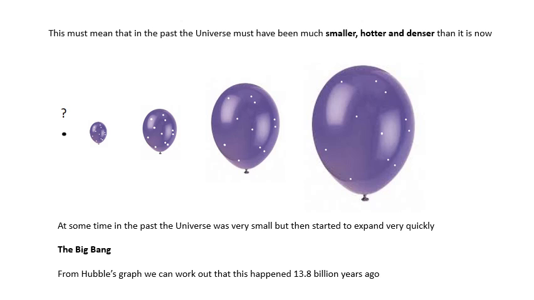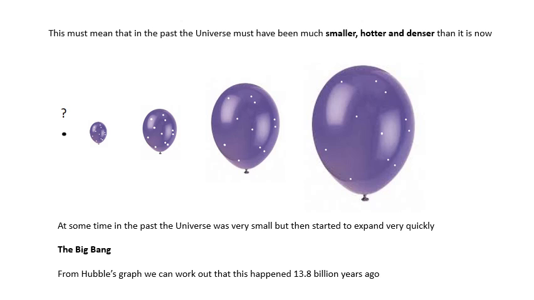This must mean that in the past, the universe would have been a lot smaller. It would have been smaller and hotter and denser than it is now. In fact, perhaps it was very, very, very small. At some time in the past, the universe was very small, and then at some point in the past, it started to expand very quickly, like an explosion. And that's what we call the Big Bang.